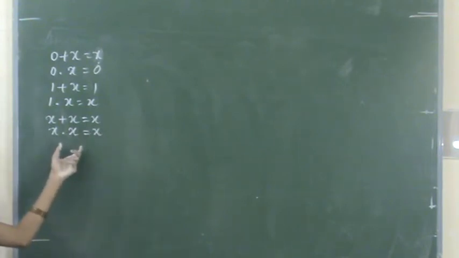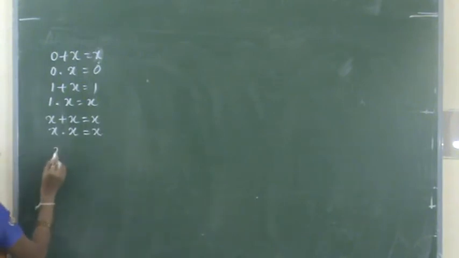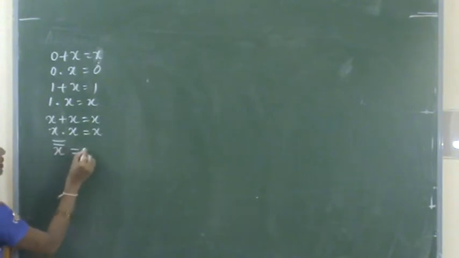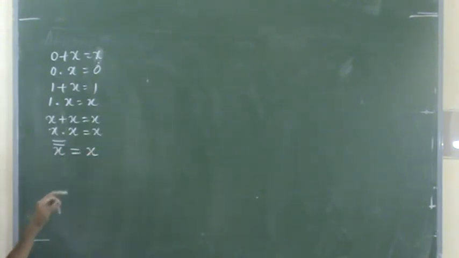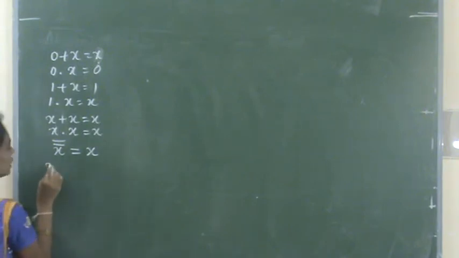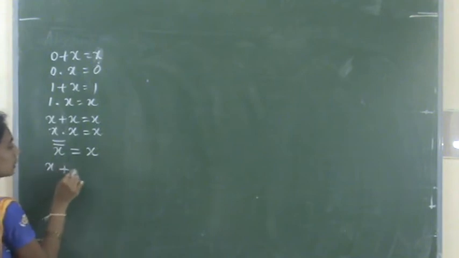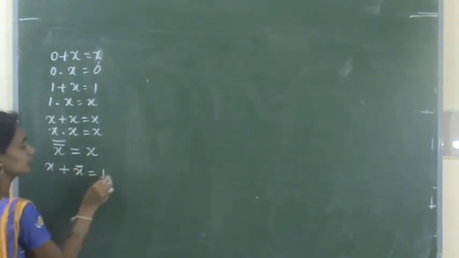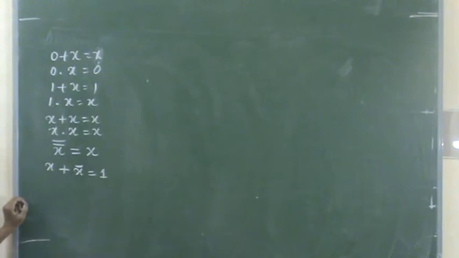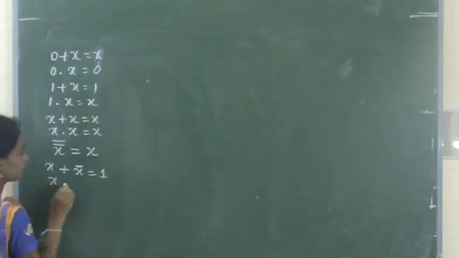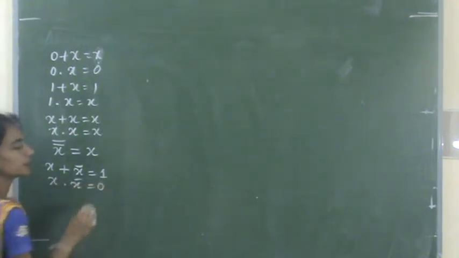After that we studied the double inverse law, meaning the involution law, that is x double bar is equal to x. After that we studied the complementative law, that is x plus x bar is equal to 1 and x into x bar is equal to 0.